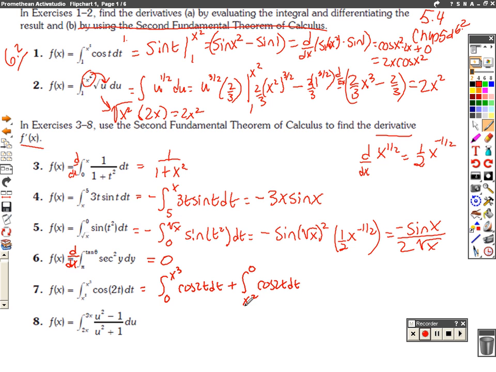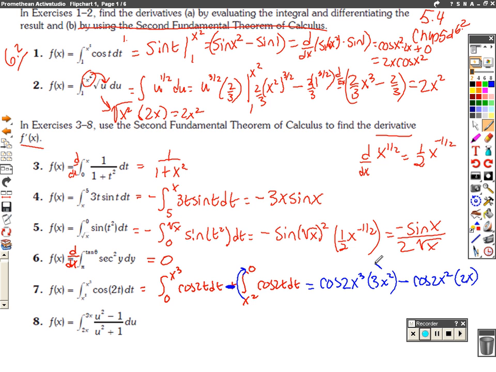So that means we're going to go back, and rather than rewrite it, I'm going to switch them right here. I'm going to switch them, and I'm going to make it negative. So now when I write my answer, I'm just going to plug in my variable, cosine of 2x cubed, and multiply by my derivative of that number I plugged in, which is 3x squared, minus, because I changed those signs, I'm going to plug in x squared, so cosine of 2x squared times the derivative of x squared, which is 2x.